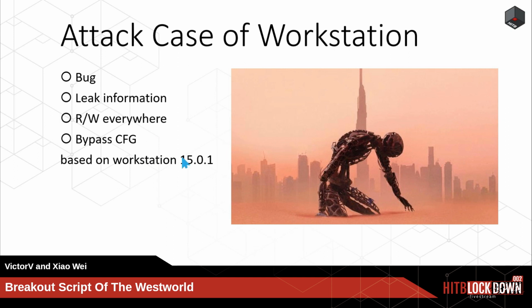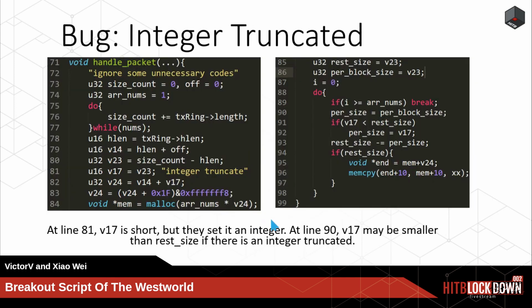Let's start another case. Let's say difficult the first time, easy the second time. Here is a bug function. I had some unnecessary code, so don't be confused by the code logic. Data of mem is controlled by guest.